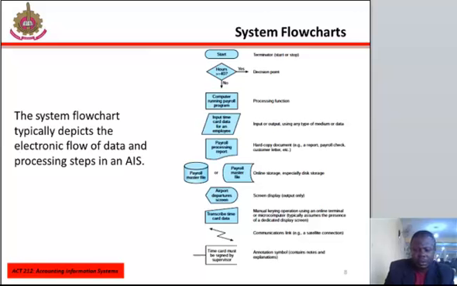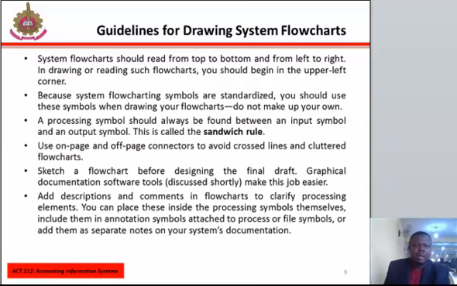These are guidelines for drawing a system flowchart. A system flowchart should read from top to bottom and from left to right. In drawing or reading such a flowchart, you should begin in the upper left corner.